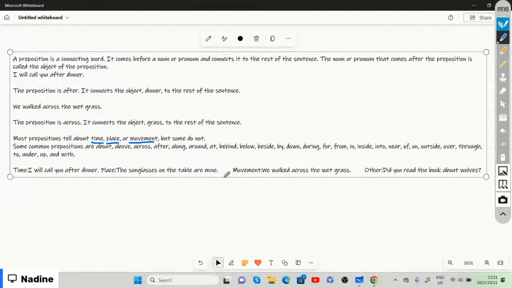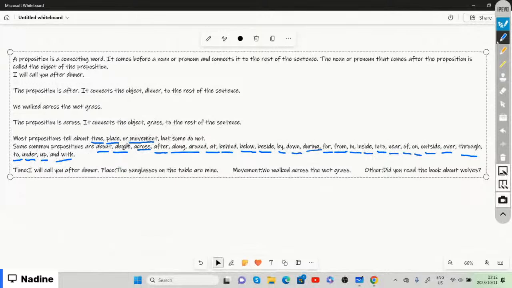So some common prepositions are, for example, about, above, across, after, along, around, at, behind, below, beside, by, down, during, for, from, in, inside, into, near, of, on, outside, over, through, to, under, up, and with.